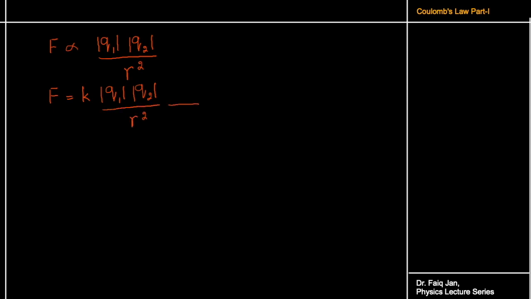This is equation number 3. Equation 3 gives us Coulomb's law of electrostatics, representing the magnitude of electrostatic force, where k is known as the electrostatic constant or Coulomb constant.